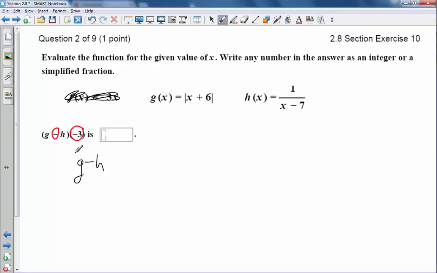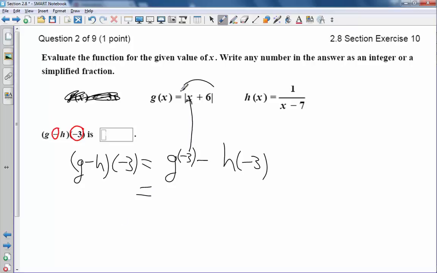G minus h of minus 3 means copy down g, copy down h, and subtract them. However, not with x's. Instead of x, use minus 3. So all you need to do is enter minus 3 before using this one in this line.